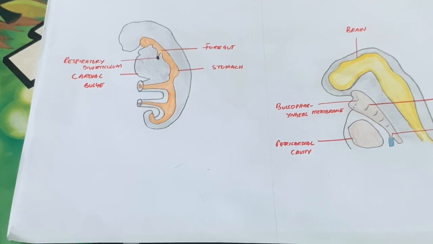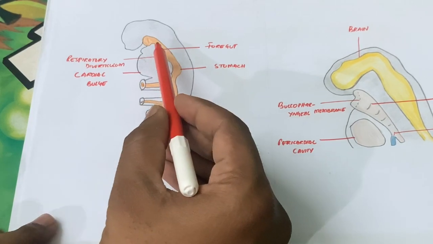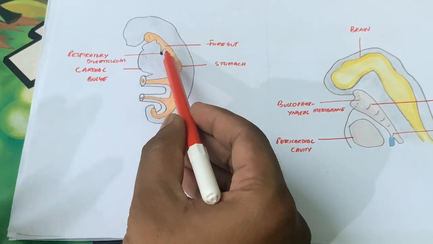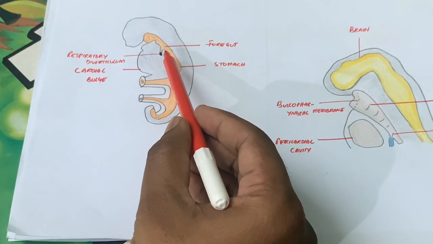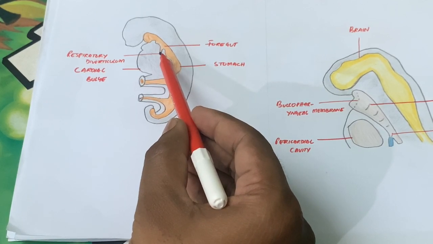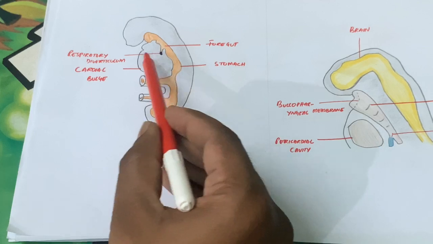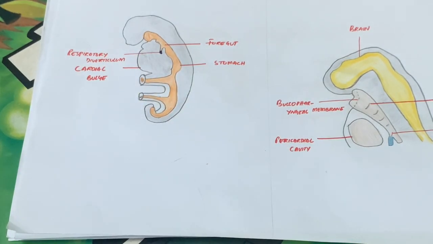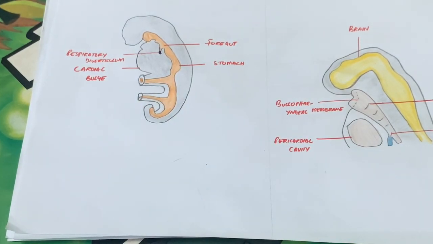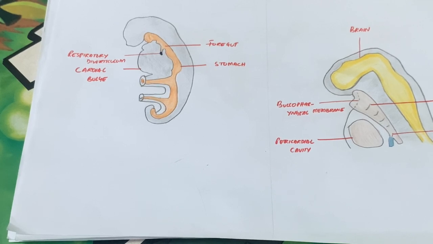It develops from the median endodermal diverticulum of the foregut. This entire thing is the foregut, and from the foregut you are seeing the median endodermal diverticulum, which is called the respiratory diverticulum, and this appears when the embryo is about 4 weeks old.